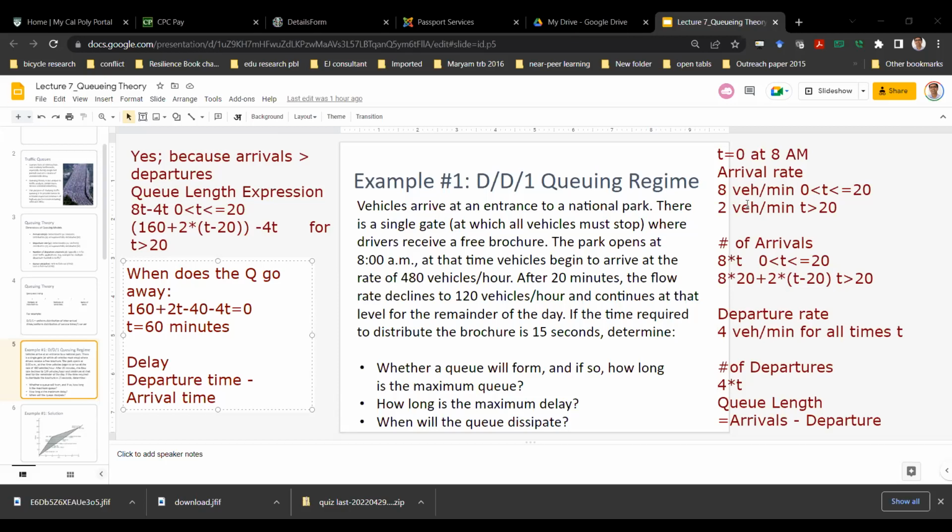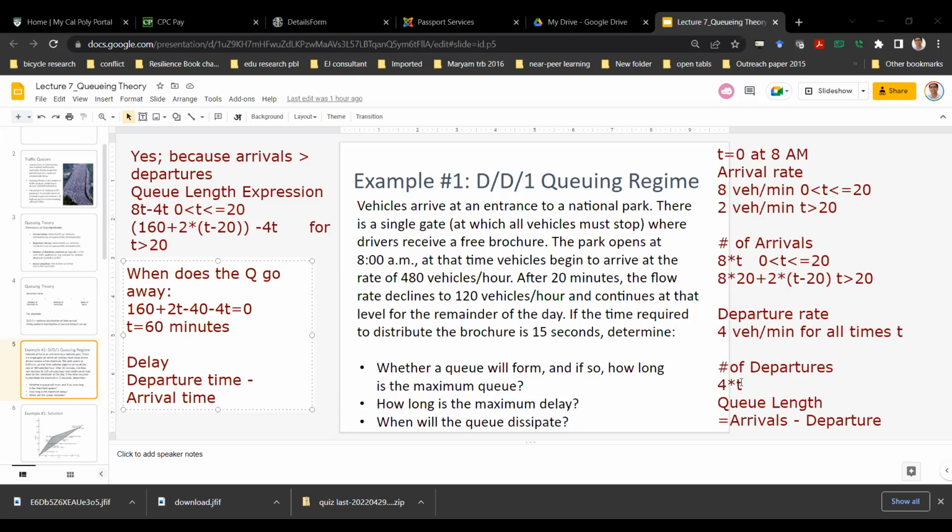After 20 minutes, the 160th vehicle is simple to derive, but any vehicle after that, I have to apply the second equation rather than the first. Similarly, finding the departure time is more simple because there is no equation change, it's always 4 times t.